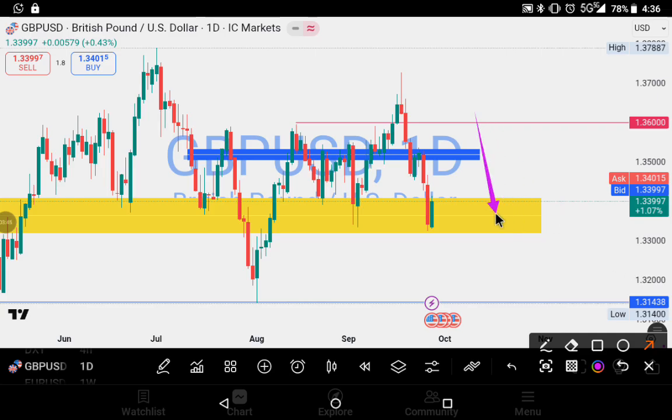The shaded area is of two parts, the upper part and the lower part. So if the market price stays below the lower part, then I'll be focusing on 1.32 thousand, 1.32 big figure.